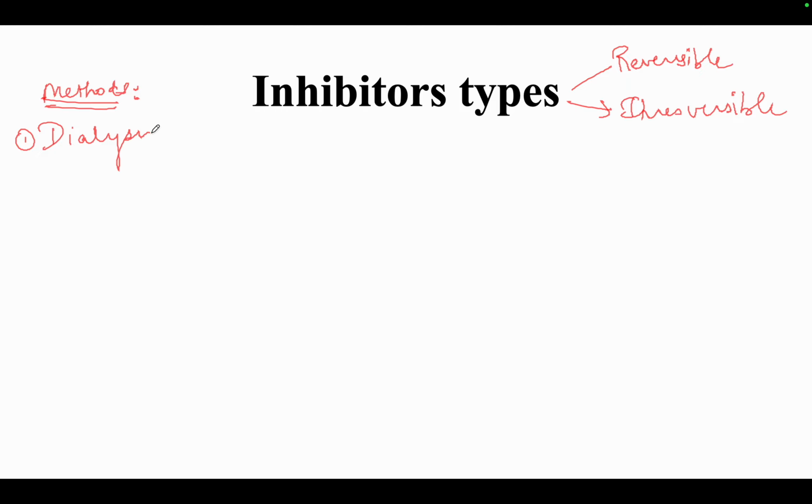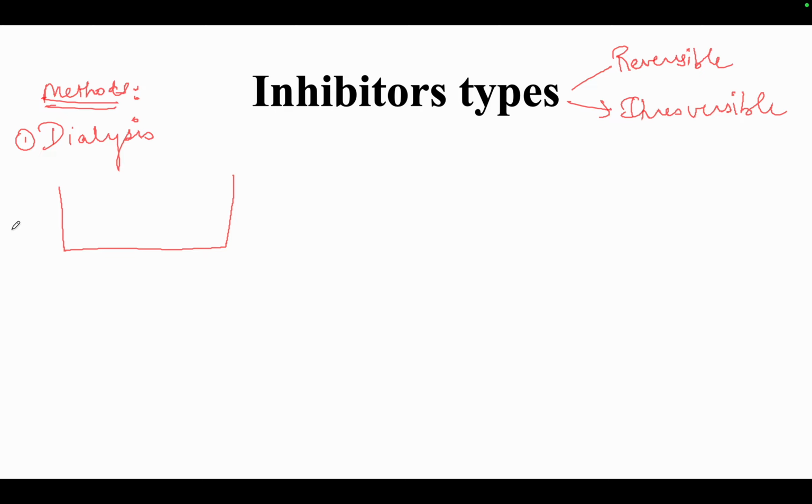So what are the different methods? The first method, by which we can differentiate whether the inhibitor is reversible or irreversible, is a very common method, that is the dialysis method. In the dialysis method, if the enzyme reversibly binds to the inhibitor, then what will happen?